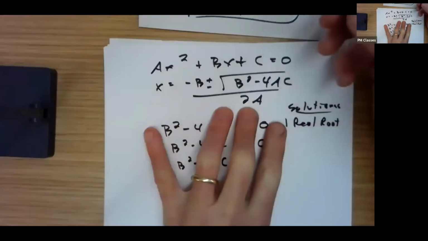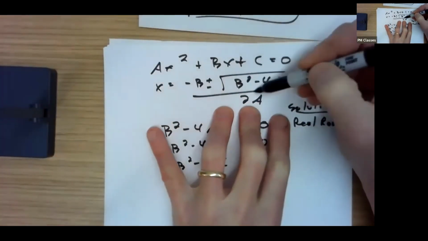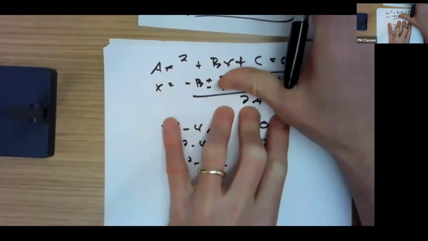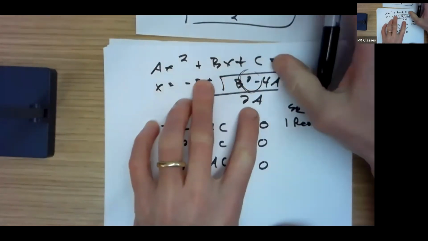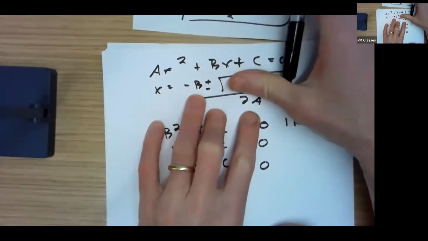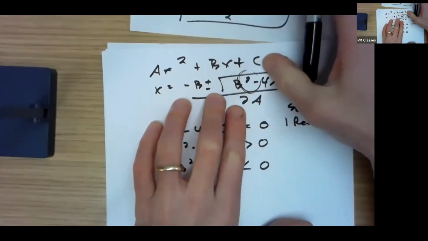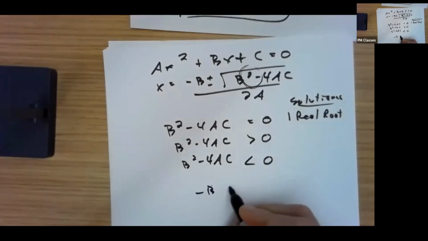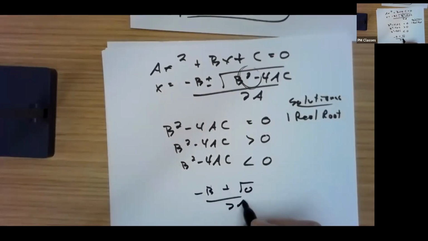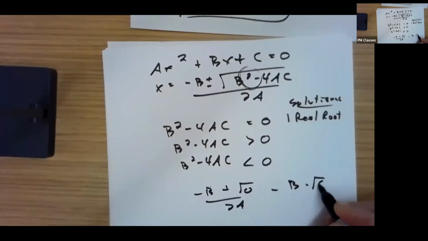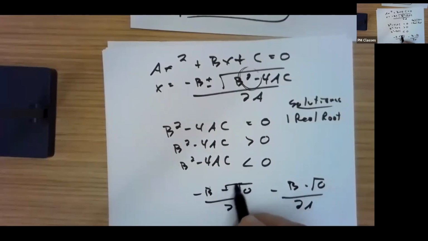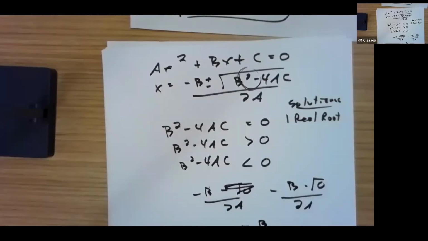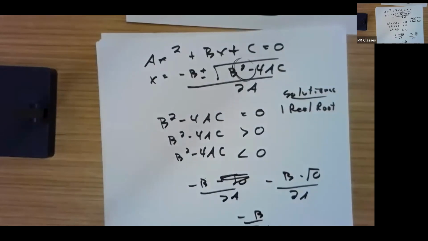Well, if you go back up here, if this whole thing inside here is equal to 0, you would have negative b plus the square root of 0 all over 2a, so negative b over 2a, or negative b minus the square root of 0. Plus the square root of 0 or minus the square root of 0 is the same thing. Because the square root of 0 is just 0, we just get negative b over 2a. So we get one real root.